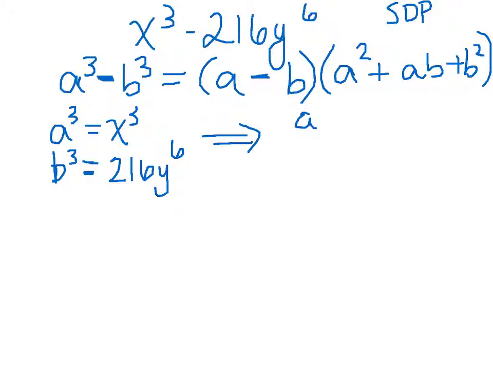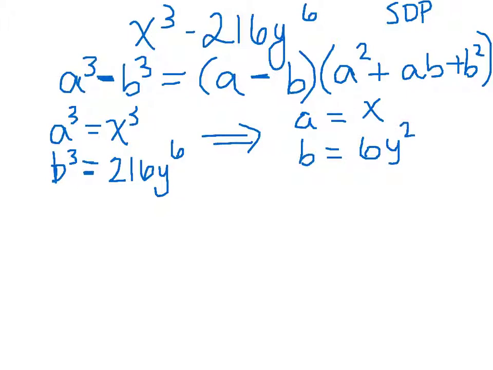And then from here, I'm going to identify what my a and b are. So if a cubed is x cubed, then a has to be x. If b cubed is 216y to the 6th, the cube root of 216 is 6, and the cube root of y to the 6th is y squared.